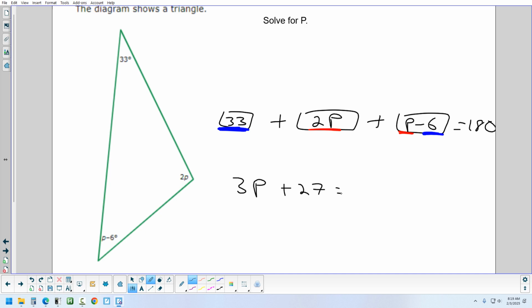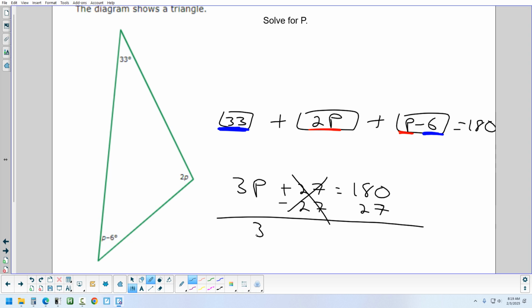What's still on the right side? No, all our p's are going to be on the left side. The 180 is on the other side. Okay, so we got all the letters on the left, we got the 180 on the right. What would be my next step now to get p by itself? Yep, good. I'm going to minus the 27.